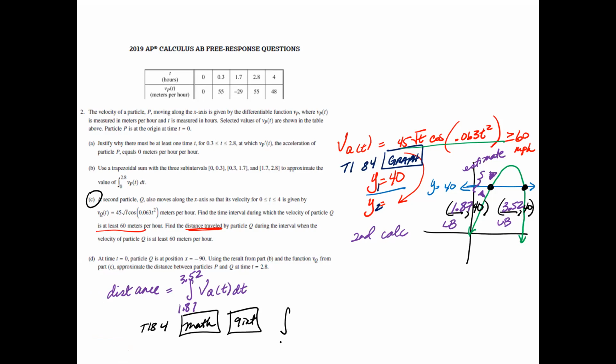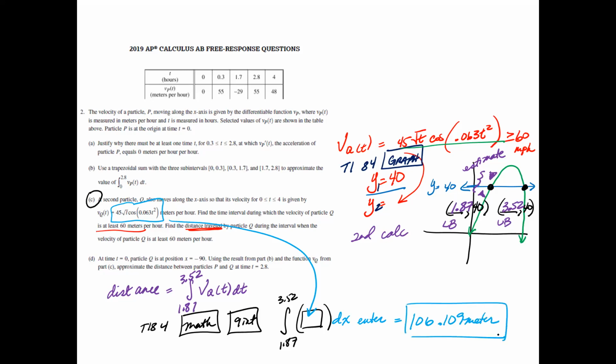So then when you have that, make sure you put 1.87 here, 3.52 here. Inside the box, make sure you take this piece right here, type that in, dx, hit enter, and your answer is going to be 106.109 meters. And that is your answer.